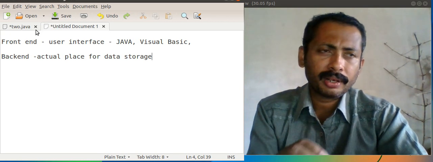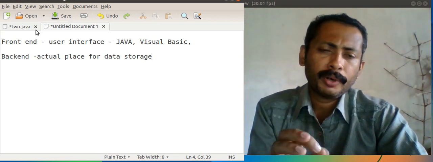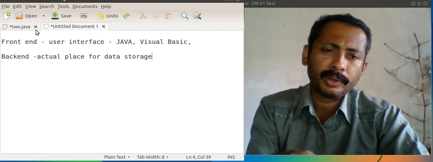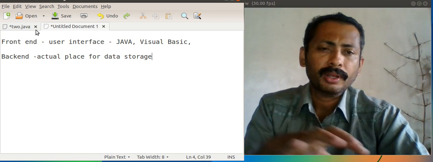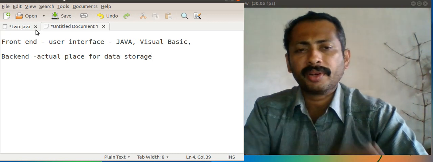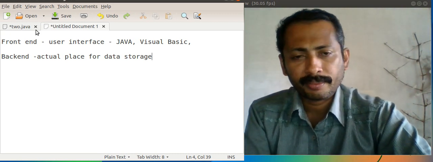Means I have a computer, I have the firm, I will be doing some data entry in my computer. The computer will be used for some purpose. The computer serves me or helps me for efficient functioning. That is offline system.